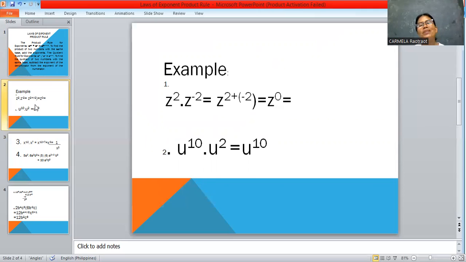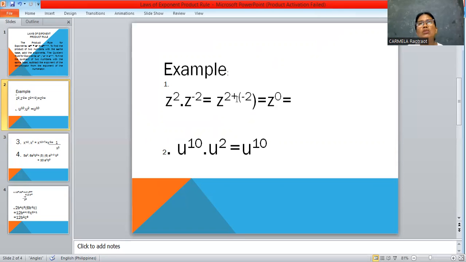Example is z raised to the power of 2 times z raised to the power of negative 2, that is equal to... Okay, the question is, what is the operation? Multiplication. Do they have the same base? Yes.